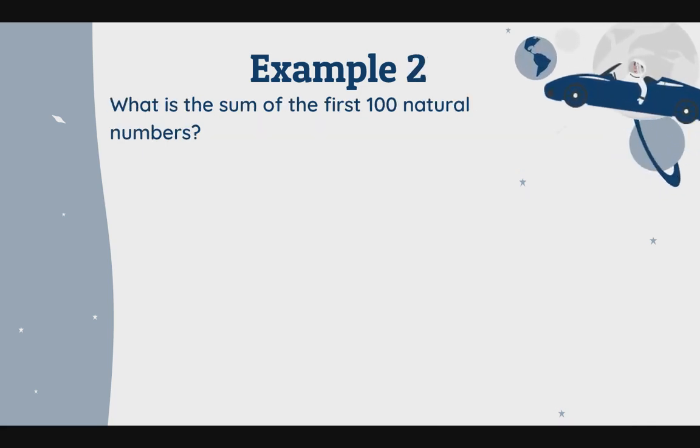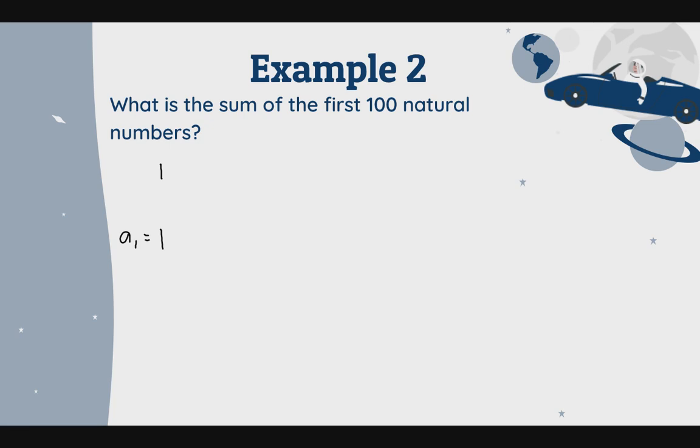So on our last example, what is the sum of the first 100 natural numbers? When we say natural numbers, it starts with 1. So therefore, our a sub 1 is 1. It doesn't start with 0.